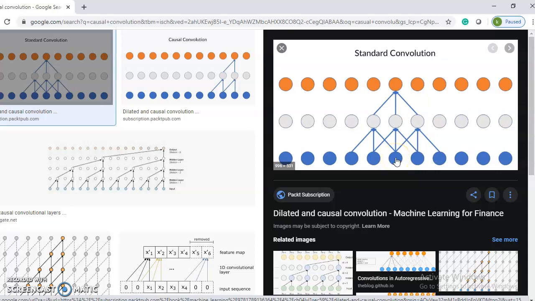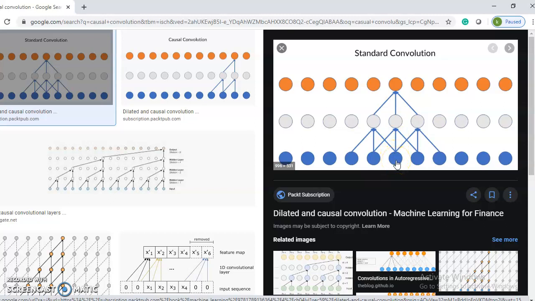If we want to implement this for sequential data or time series data, we will pass these values as timestamps.